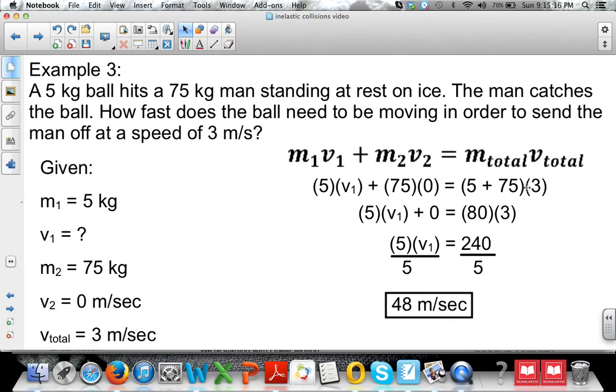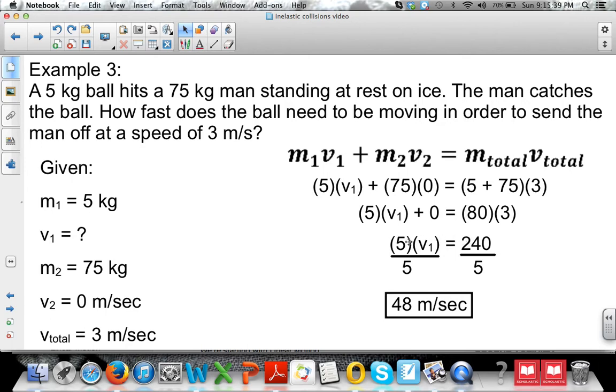If you simplify everything, 5 times V1 just stays the same. And 75 times 0, that's nice, it's just 0. My 5 plus 75 is 80, and it's still times 3. Then I simplify a little more, get rid of that 0, and figure out what 80 times 3 is. It was 240.